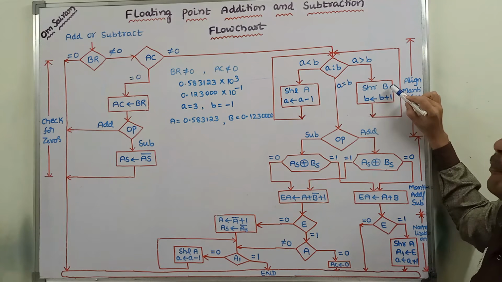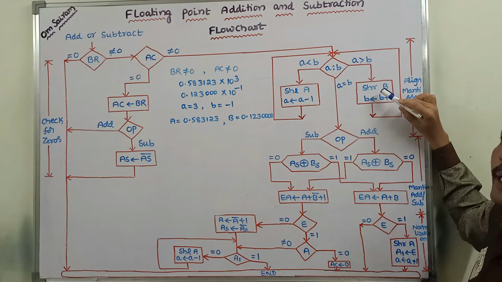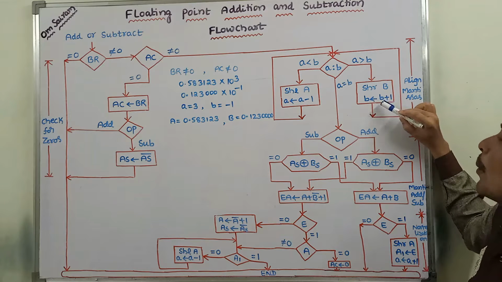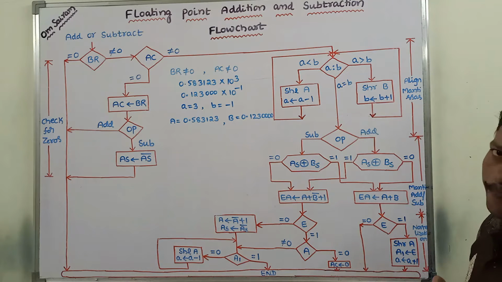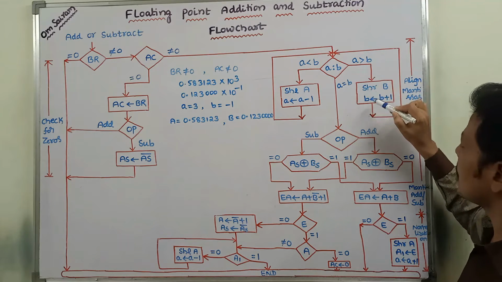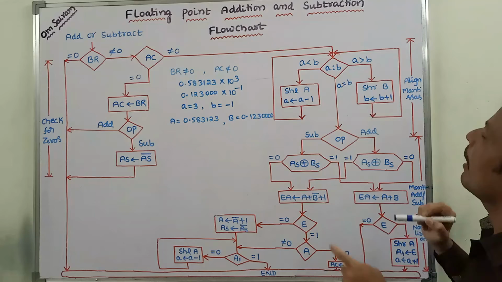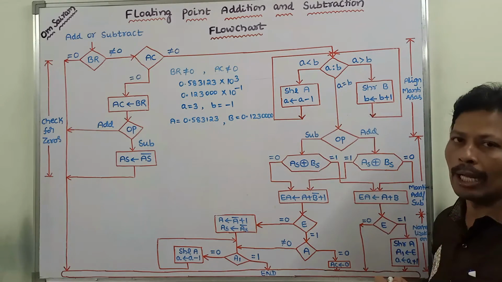Shift right B. That means we shift right the content of the mantissa of the second floating point number by 1 position, and also we increment the exponent of the second floating point number. These two steps are repeated until both exponents are equal.